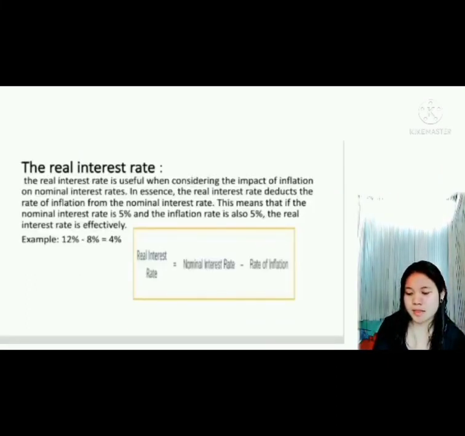Last is the real interest rate. The real interest rate is useful when considering the impact of inflation on the nominal interest rate. In essence, the real interest rate deducts the rate of inflation from the nominal interest rate. This means that if the nominal interest is 5% and the inflation rate is also 5%, the real rate is effectively zero.